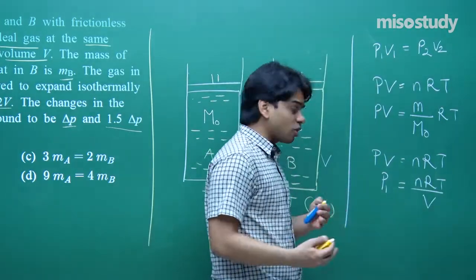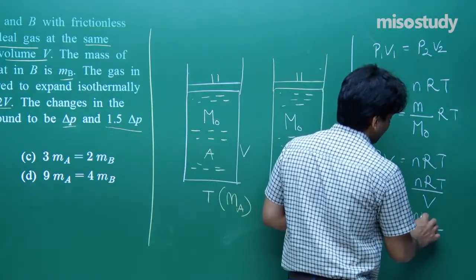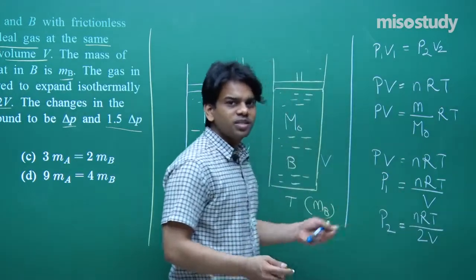Now final pressure, P2, will be equal to nRT by 2V. Temperature is remaining same, number of moles will remain same.